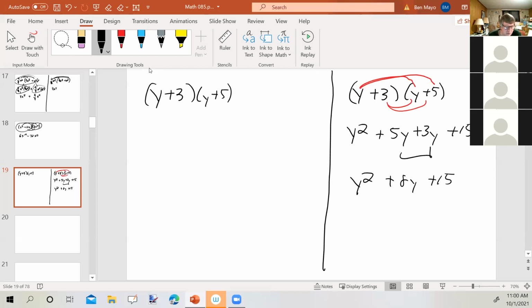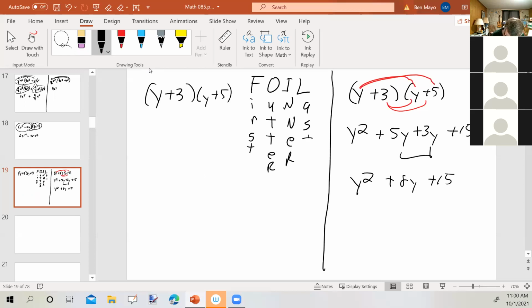The mathematical community calls this situation where we're multiplying a binomial by a binomial FOIL. F-O-I-L stands for first, outer, inner, and last.